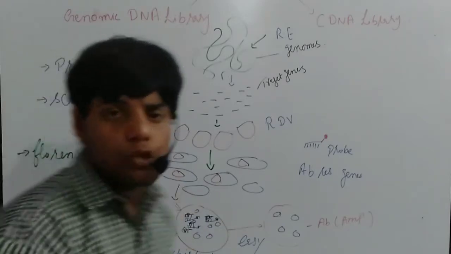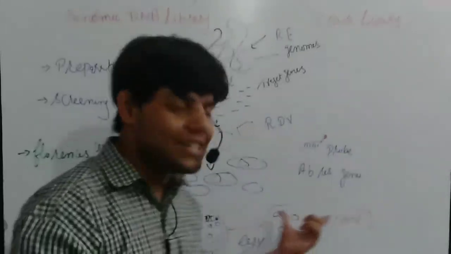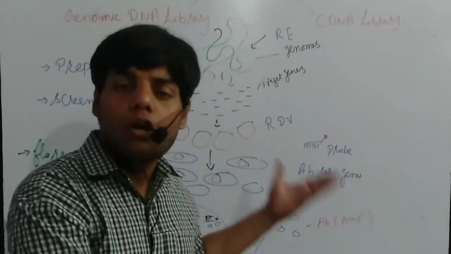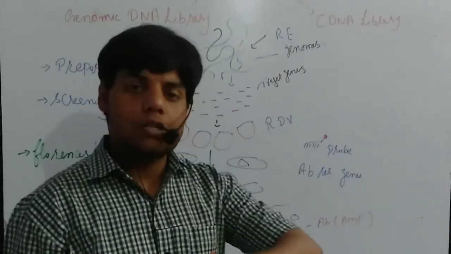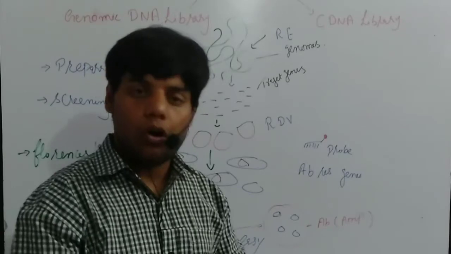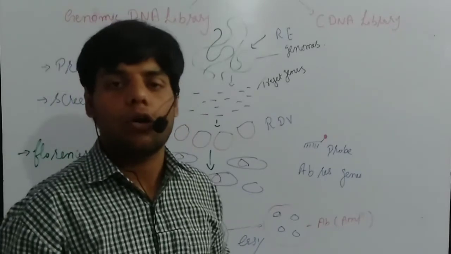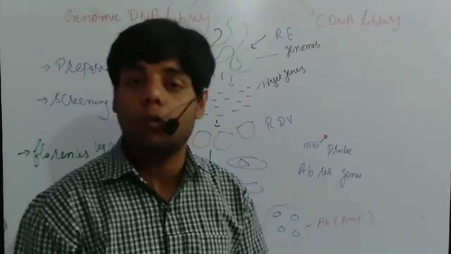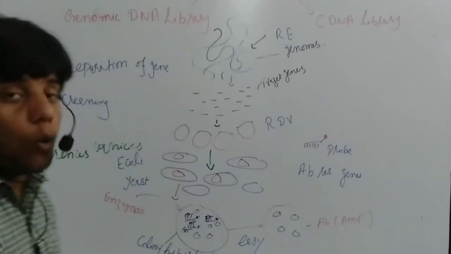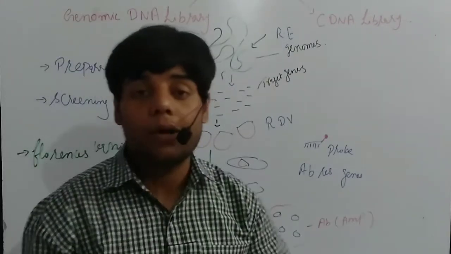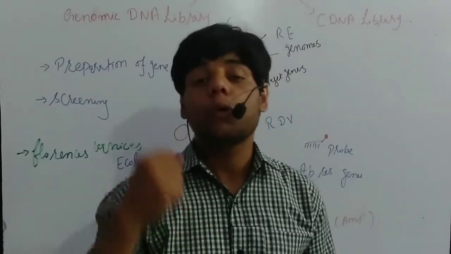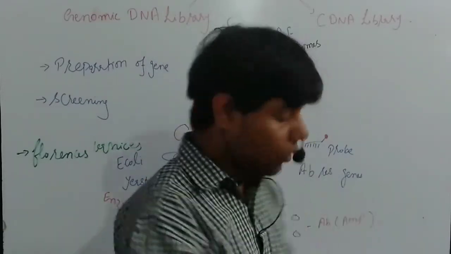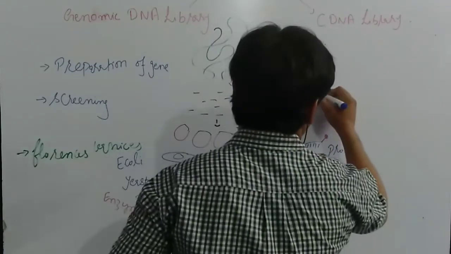You just select the bacteria which contain your gene of interest, proceed with gel electrophoresis or separate your DNA, and finally you get your product. That's how we can use the genomic DNA library to save time.